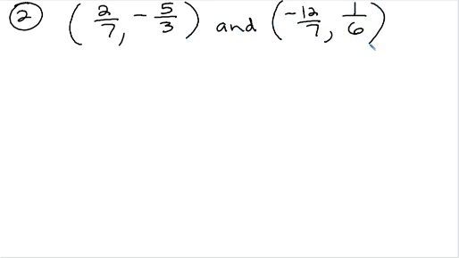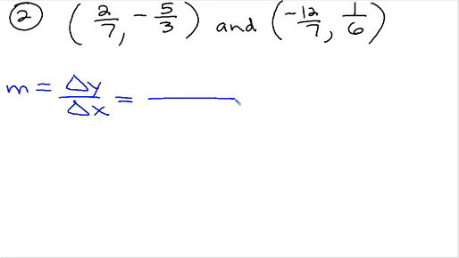The process is the same. You just have to use what we know about fractions. So it's still delta y over delta x. But now I'm doing the work with fractions. And I expect, as pre-calculus students, you should be able to do this without a calculator.